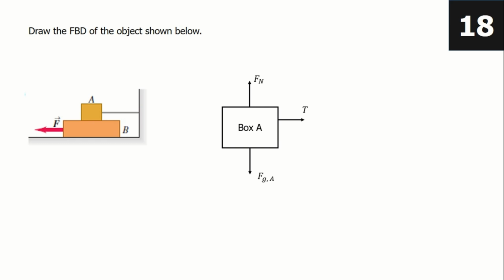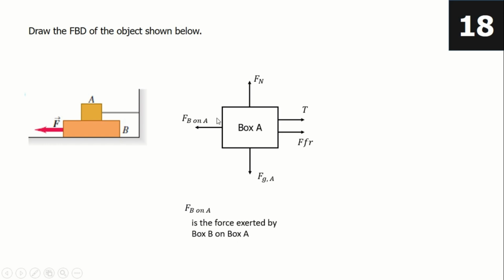So it's also moving to the left, but there's a limitation to its movement since the string does not allow it to ride on object B to the left. Since it's moving along with object B to the left, there's a frictional force to the right.